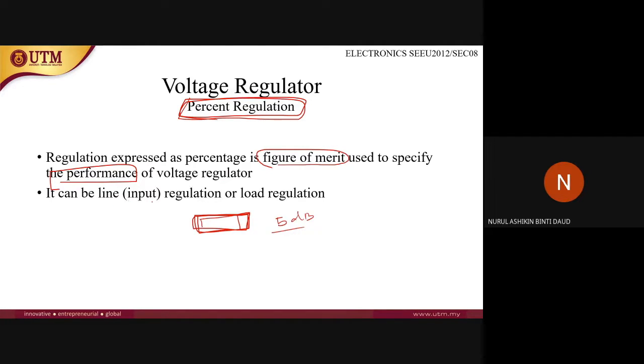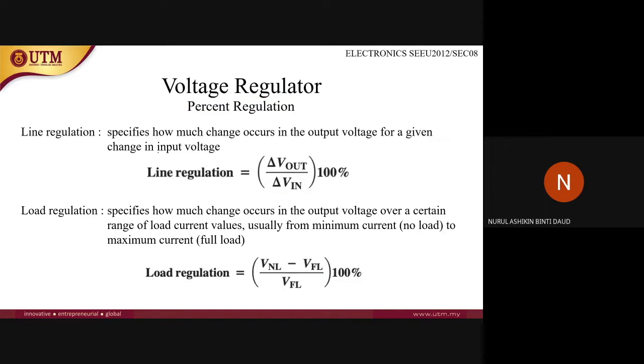It can be divided into two types: line or input regulation, or load regulation. So it depends on what the question asks you. Line regulation specifies how much change occurs in the output voltage for a given change in input voltage.